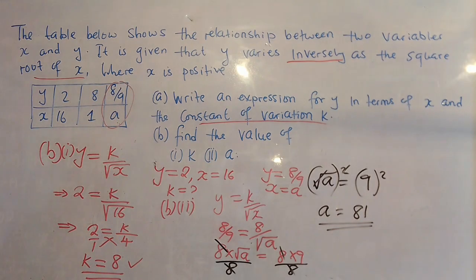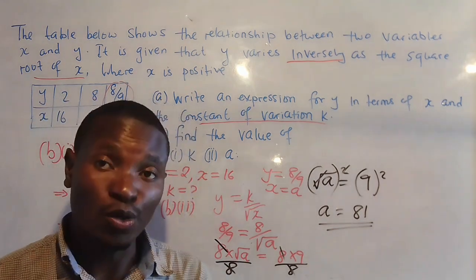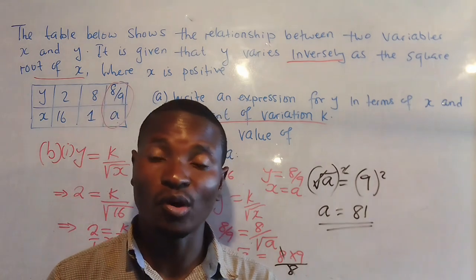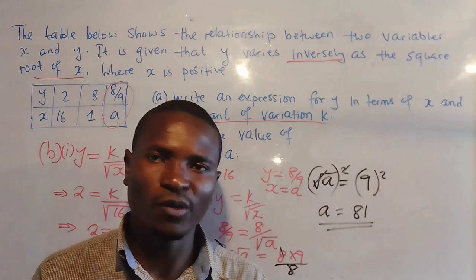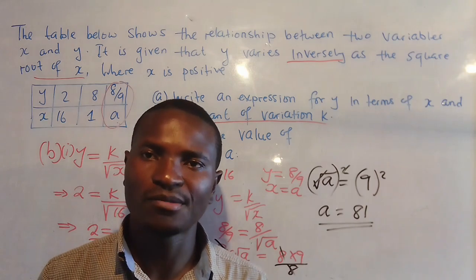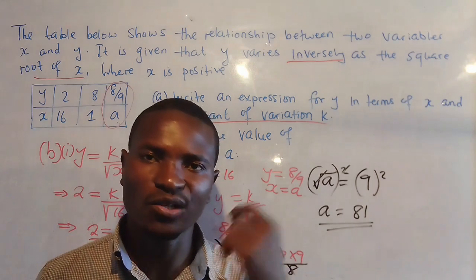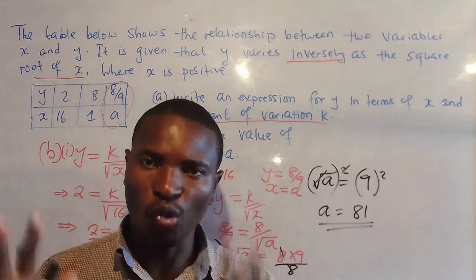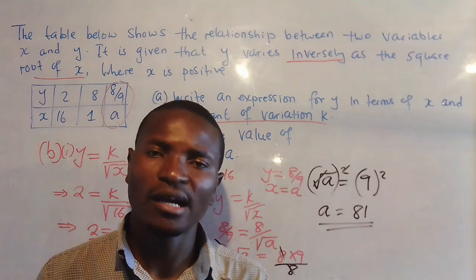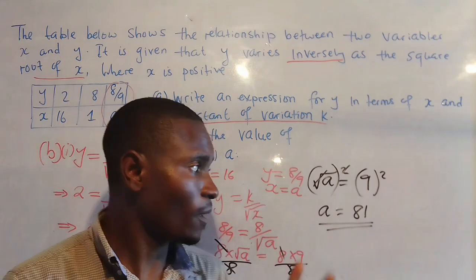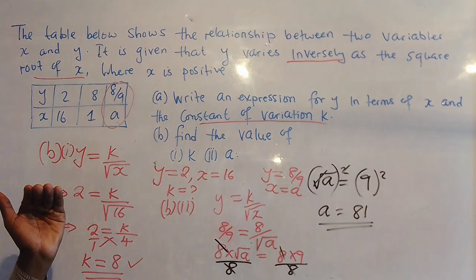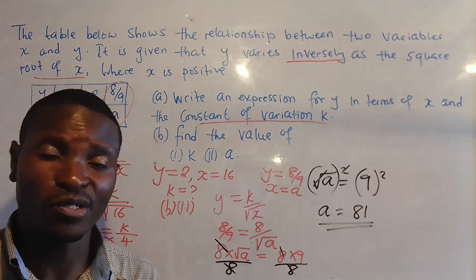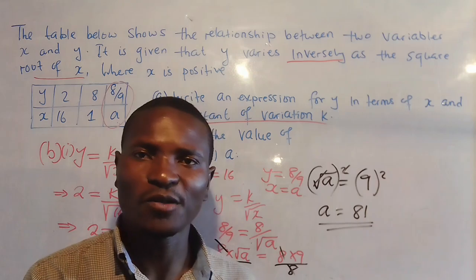That's how you can find the value of A, by making A the subject and squaring both sides to get rid of the square root. This should be question 16 or whatever the question number is, but this is how you can answer the question.